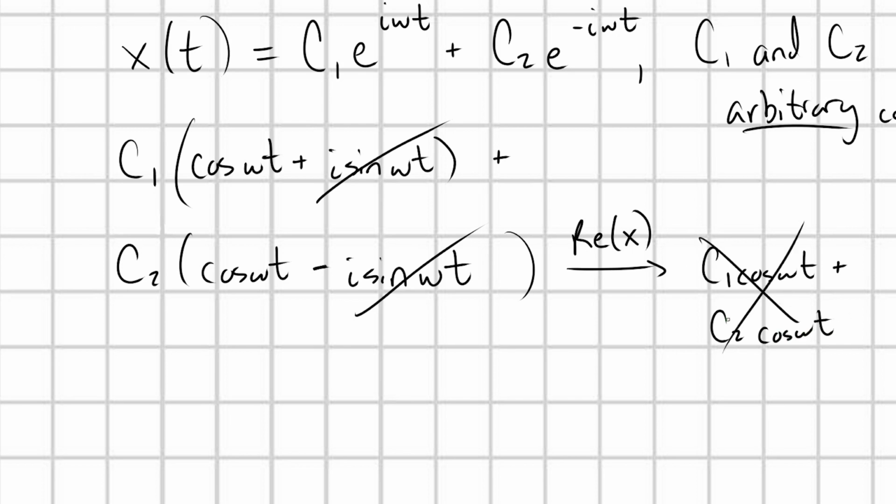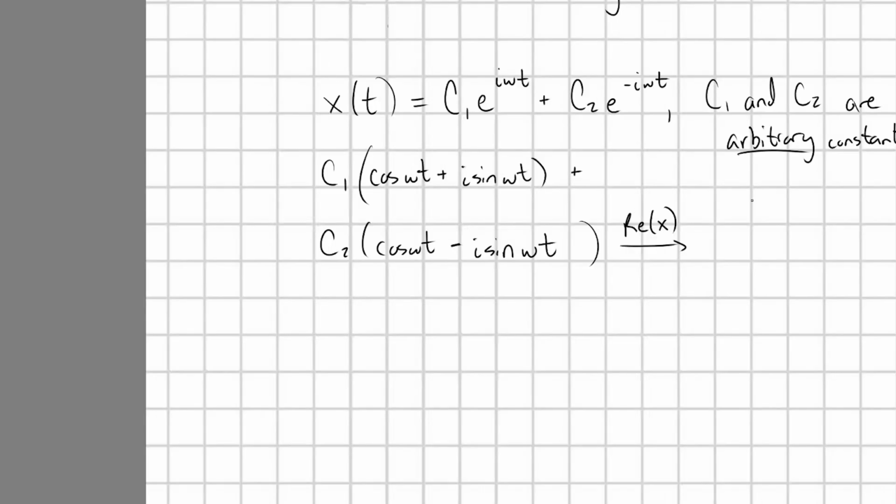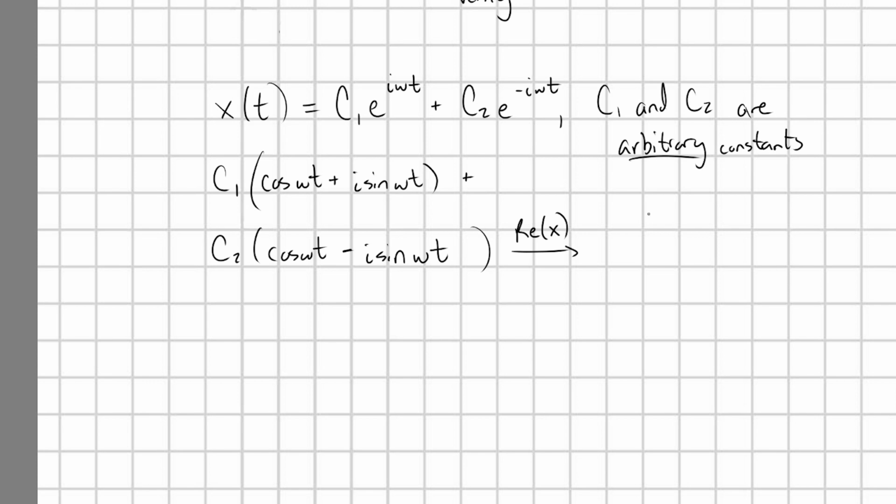And that's not exactly right. Why is that not exactly right? Well, remember, we expanded to a complex number system in order to facilitate solving this problem. If we expand to the complex number system, C1 and C2 are arbitrary constants, so they can contain both a real and an imaginary part.